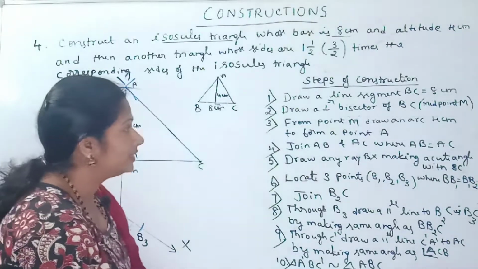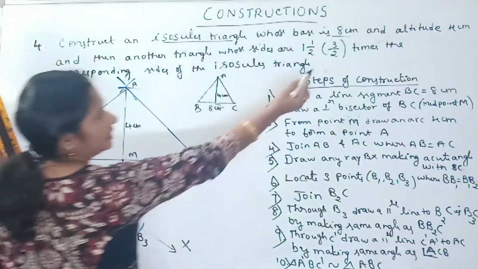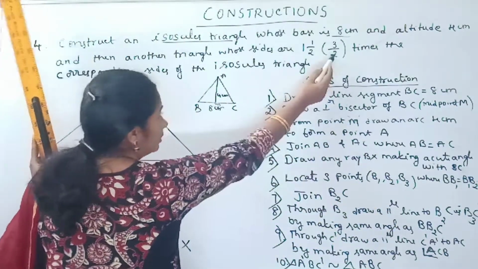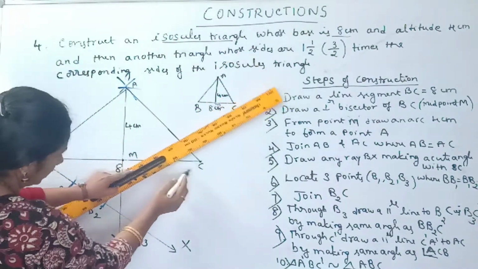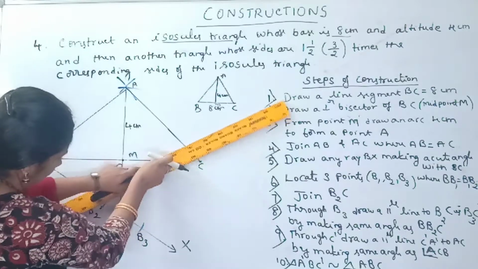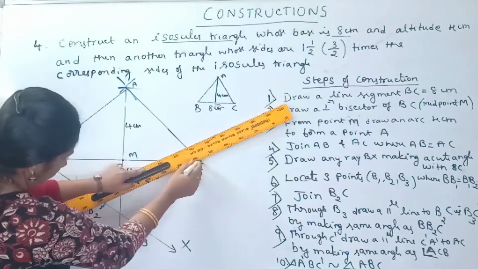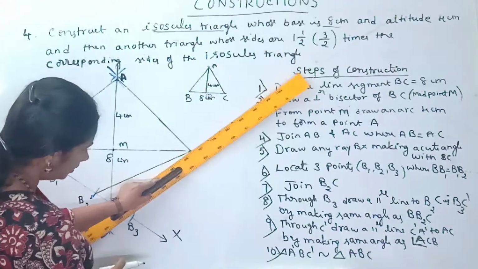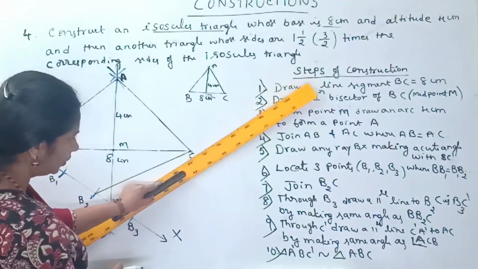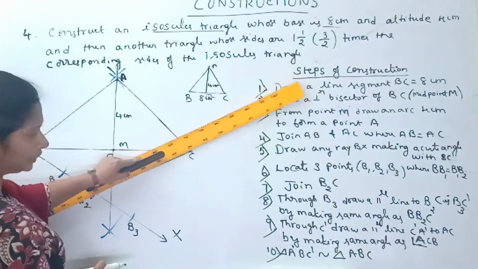Now next step. Which number is in the denominator? 2. And you have to connect B2 to C. Now we have to construct a line at B3 which is parallel to B2C.